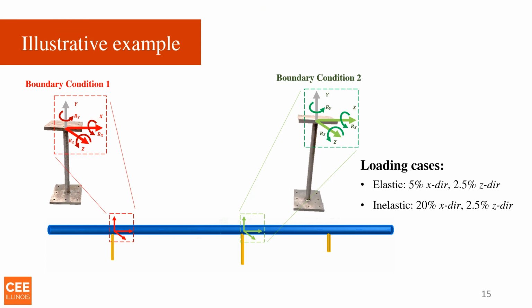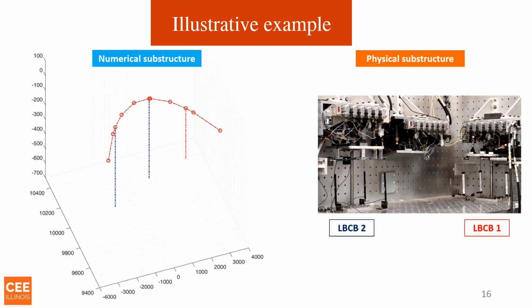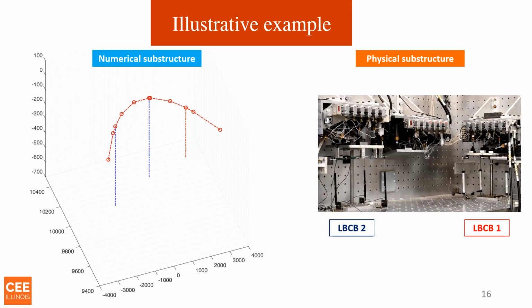To prove the proposed RTHS framework, I assembled an illustrative example involving an asymmetric four-span curved bridge subject to seismic excitations. With this experiment, we test two physical specimens and numerically model the rest of the structure. So this here is a video of one of our experiments.